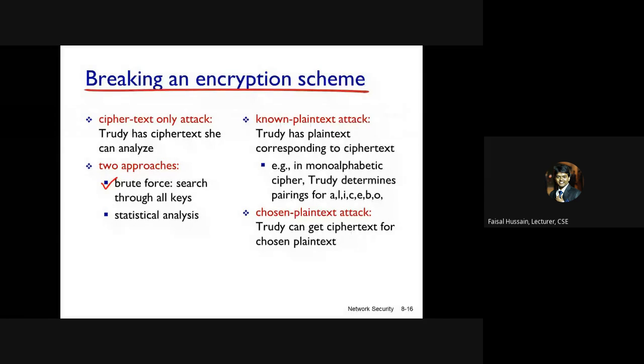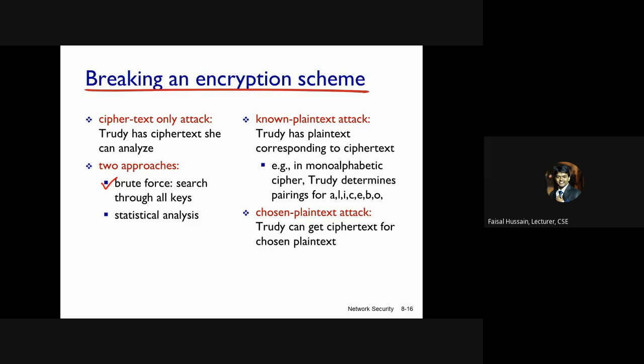So these letters can be found from that text, and she already knows the pairs. She doesn't know the other pairs, but she has an advantage, and she can use that mapping on another ciphertext and try to find the unknown values.